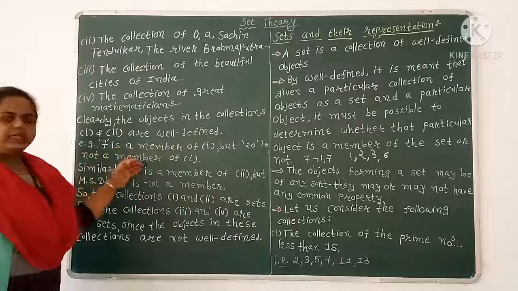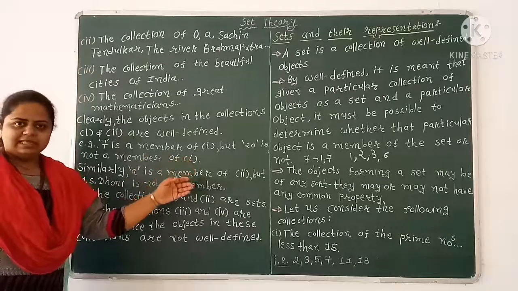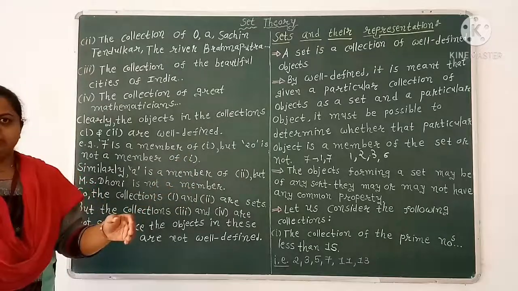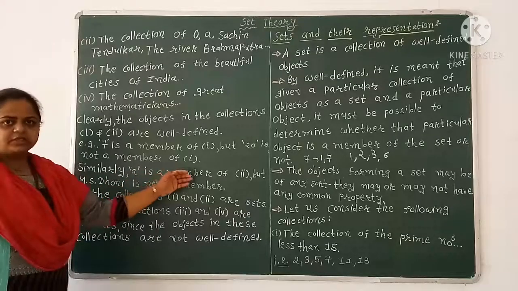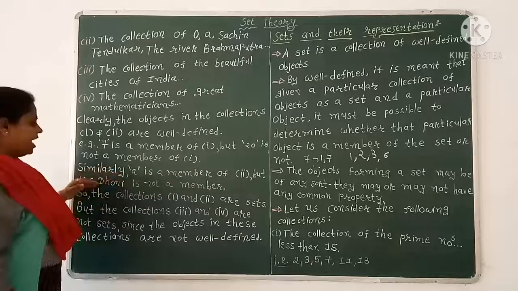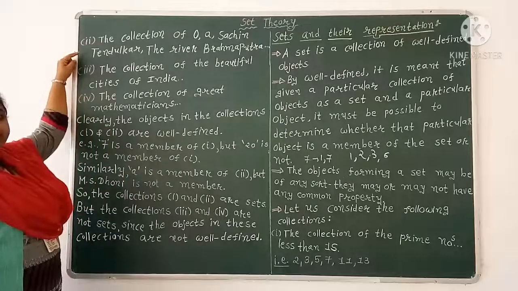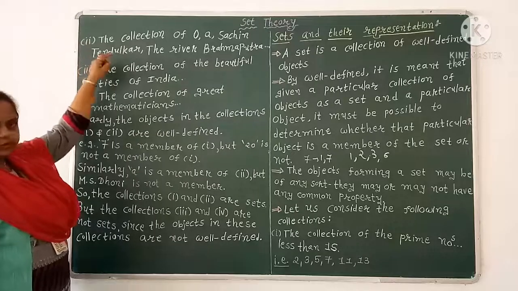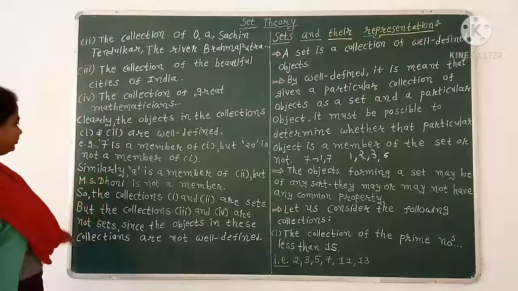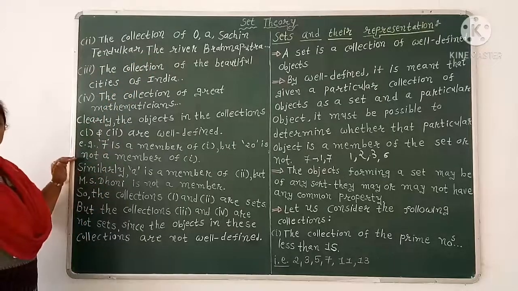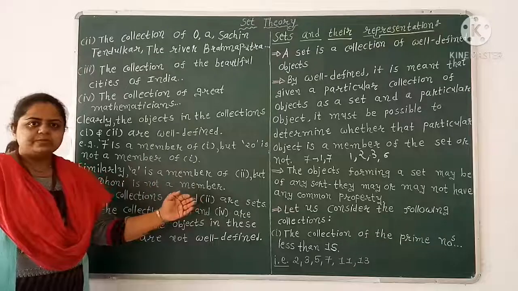But 20 is not a member of collection 1 because 20 is not a prime number as well as 20 is greater than 15. Similarly, A is a member of collection 2, but MS Dhoni is not a member because in collection 2 we have given particularly 0, A, Sachin Tendulkar and the river Brahmaputra. So, as collections 1 and 2 are well defined, collections 1 and 2 are sets.